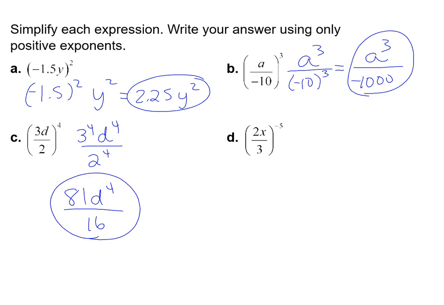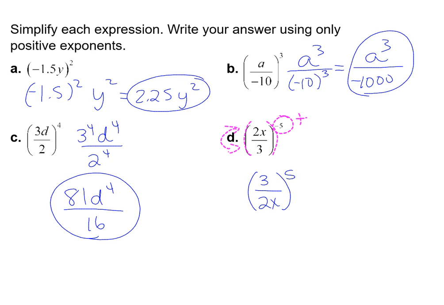And then for this last one, everything's being taken to a power, but you'll notice that it is a negative exponent. When I have a whole fraction taken to a negative exponent like that, what I do is I just go ahead and I do the reciprocal of the whole fraction, which will make my exponent positive. So this will become 3 over 2x, and then it will be to the positive 5th power.